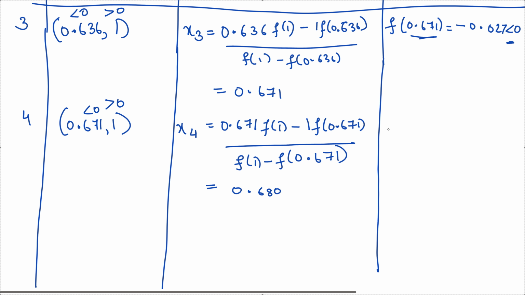which is equal to 0.680. So now let's find out f of 0.680. f of 0.680 is minus 0.006, which is again less than 0. So we are going to replace 0.671 with what? 0.680. Now fifth iteration, it's 0.680 comma 1.